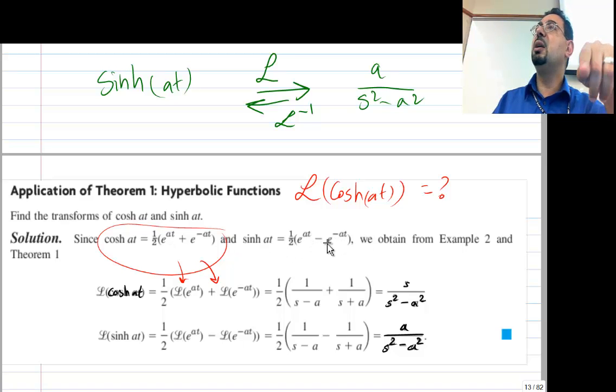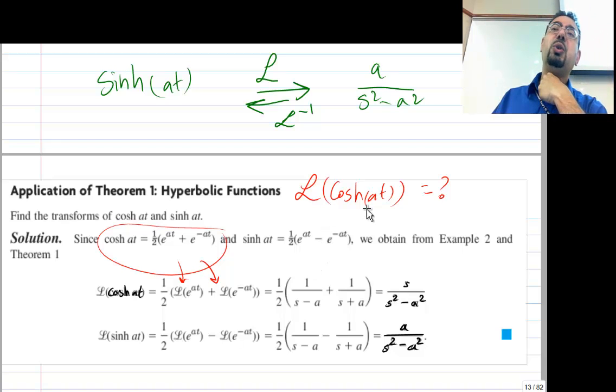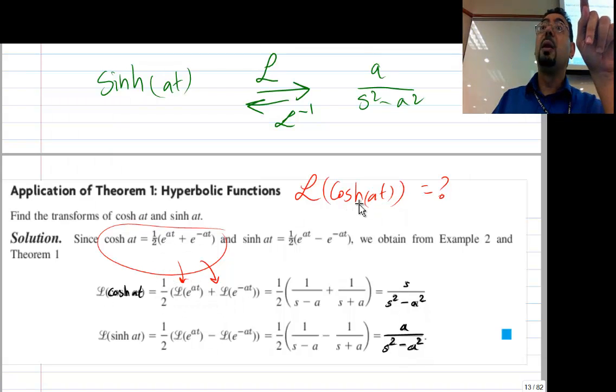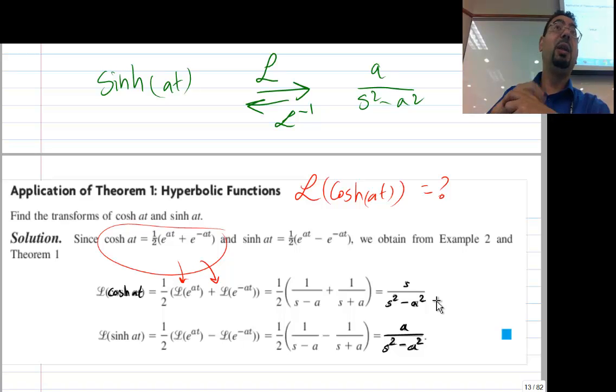So one of them is plus and the other one is minus. Okay? So whether it's cosine or sine, and you would like to get the Laplace, what do you do? Later we will use the table, but we are trying to figure out how they came up with it, in case there is something that's not in the table. This is how you do it.